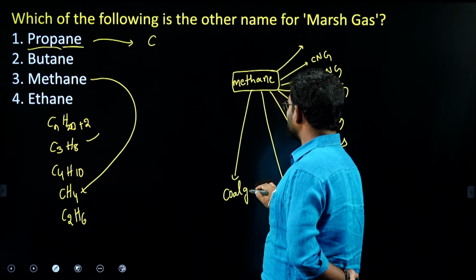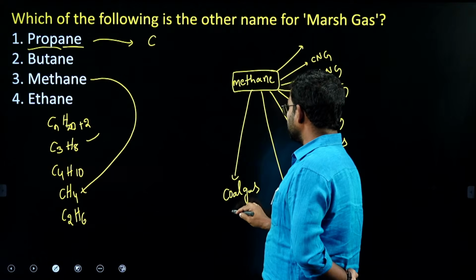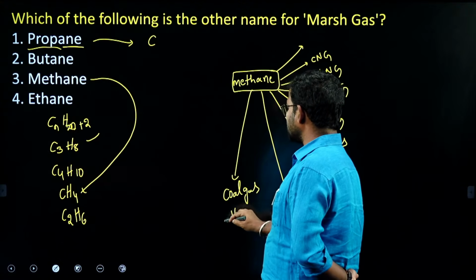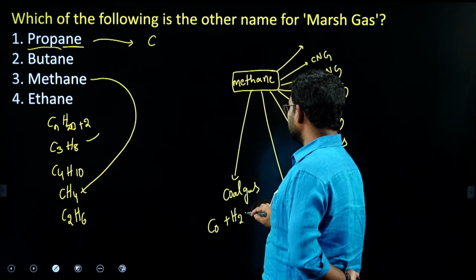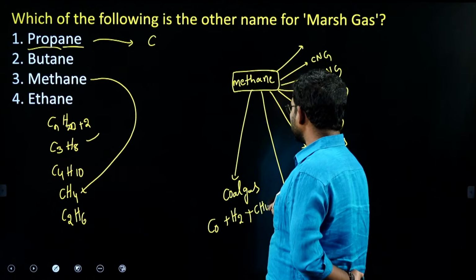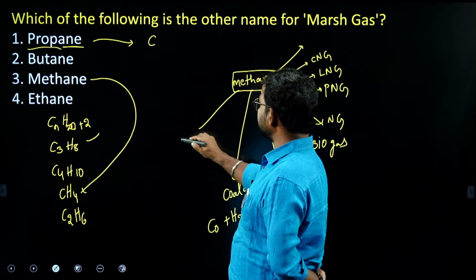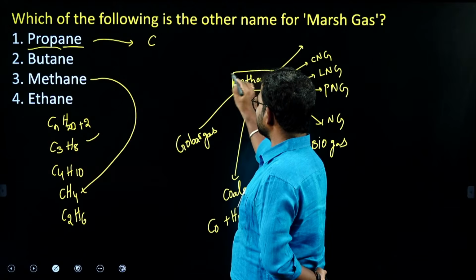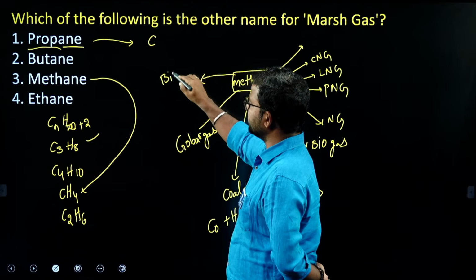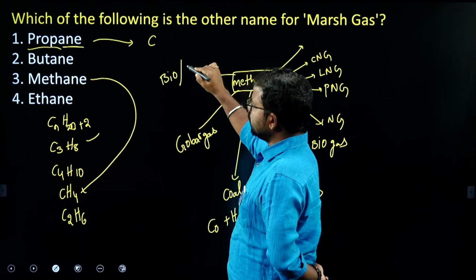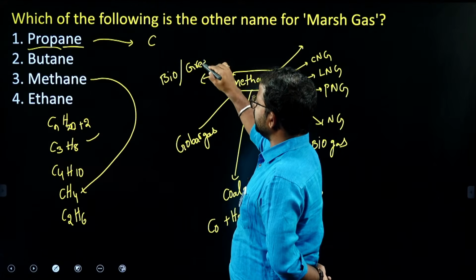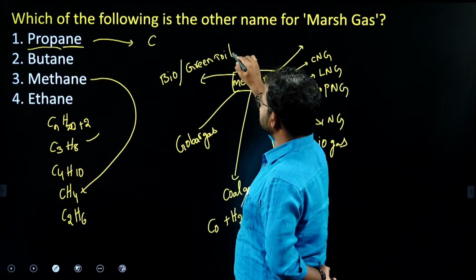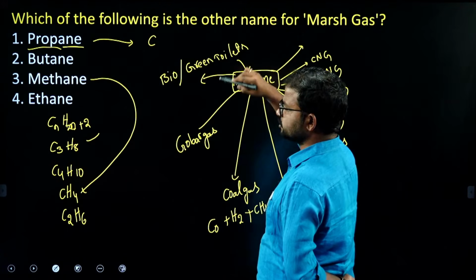Coal gas contains hydrogen, carbon oxide, and at the same time methane. Next, gobar gas. Next, bio toilets or green toilets, from which we also get methane related derivatives.